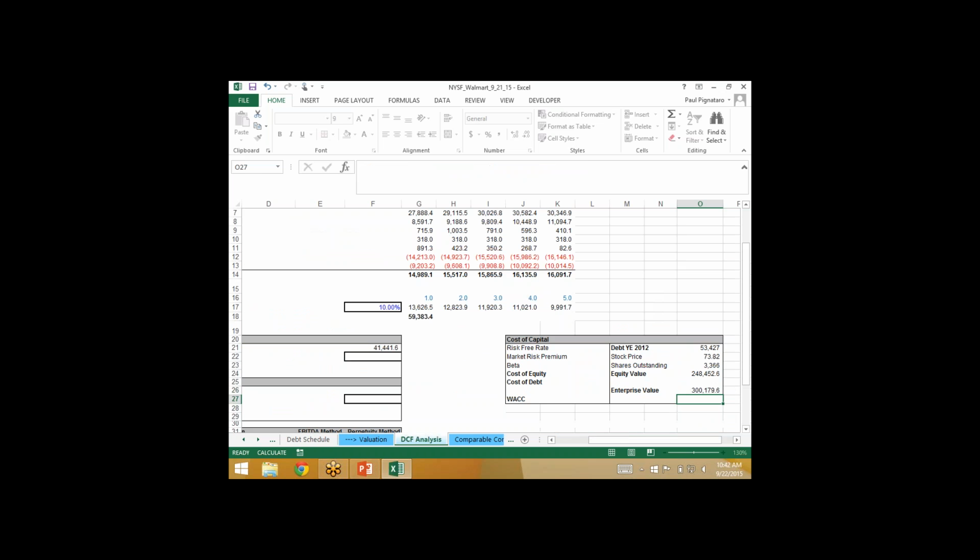Okay, that gives us 179.6. We will divide that by EBITDA to get our multiple.